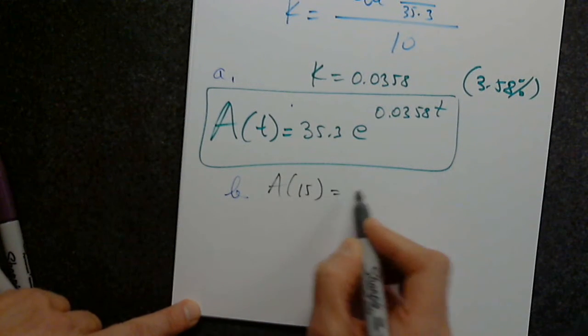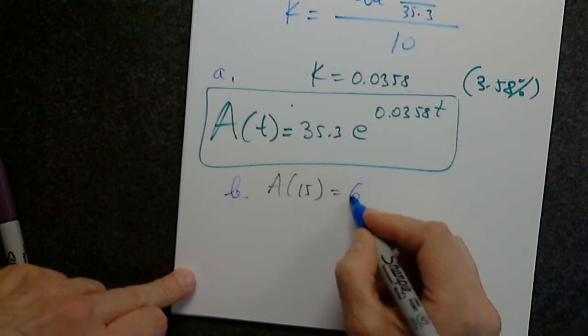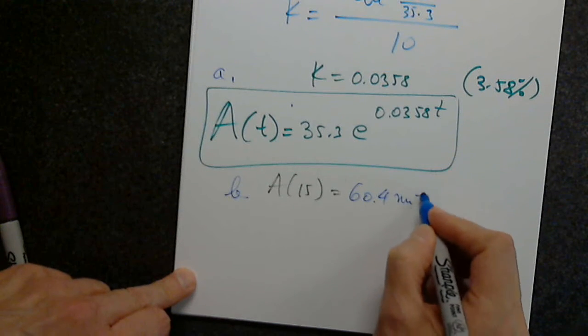Exactly, A of 15. So let's do that with the graphing calculator. 35.3 times e, in parentheses, please don't forget parentheses for the power. I'm going to call the previous answer and multiply it by 15 and close the parenthesis. So it appears that if the model still holds, 60.4 million.